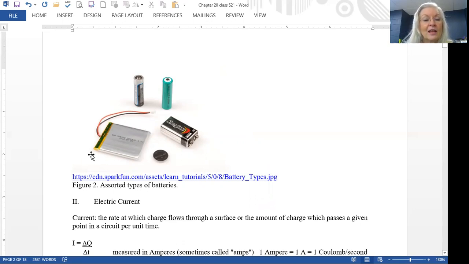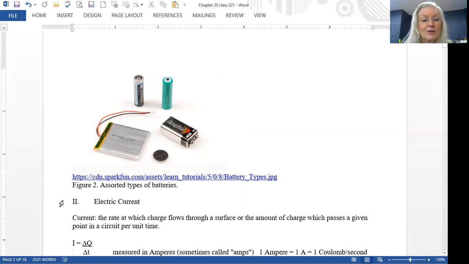And then this is probably a little lithium battery, could be the kind you see in some cameras or other devices. So we've got just an assortment of smaller batteries shown in the diagram.